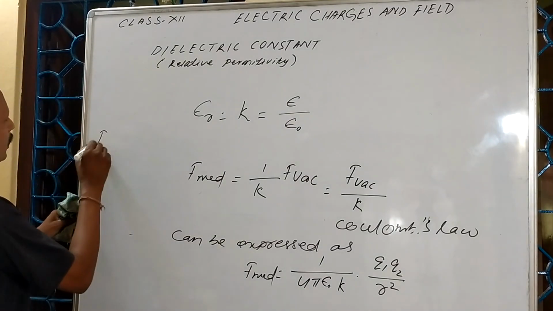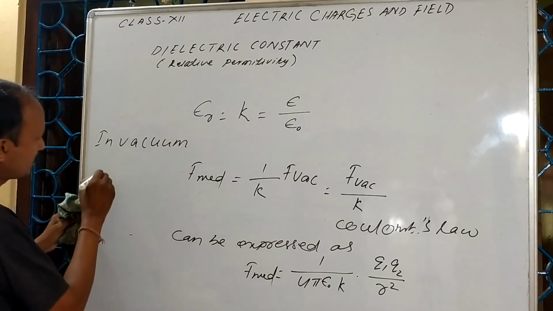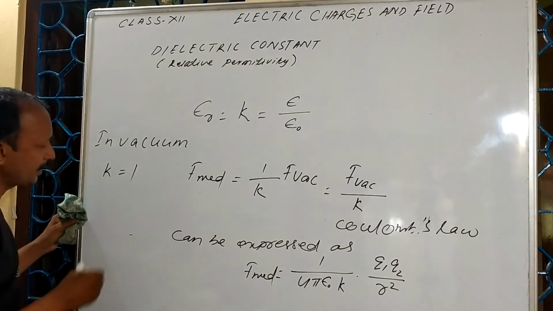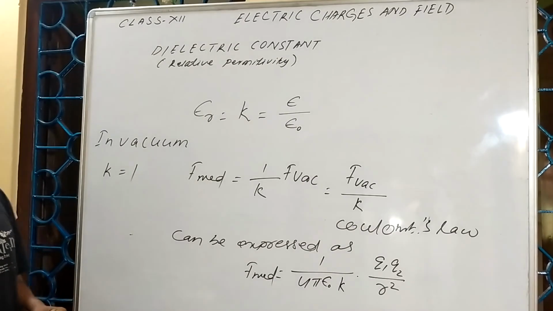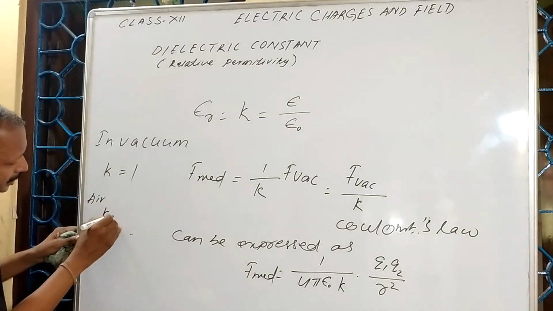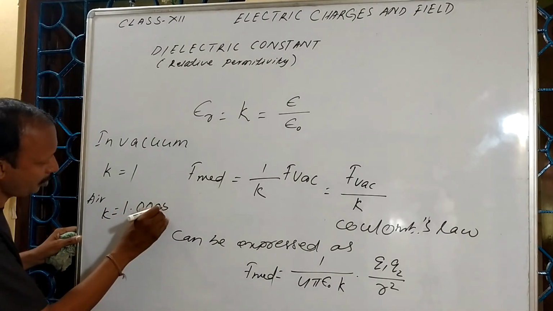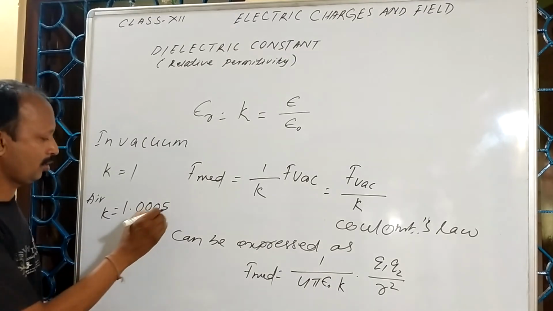So in vacuum, this dielectric constant is equal to 1, and if it is air, then K equal to 1.00054.